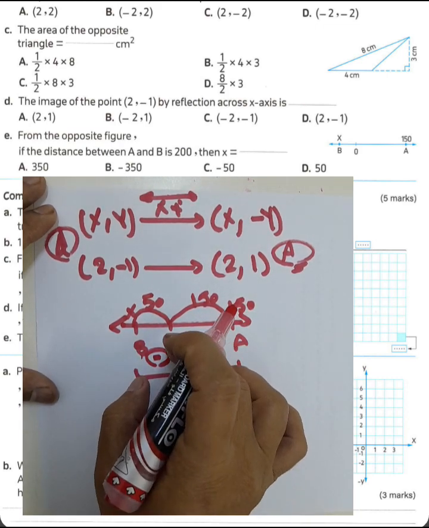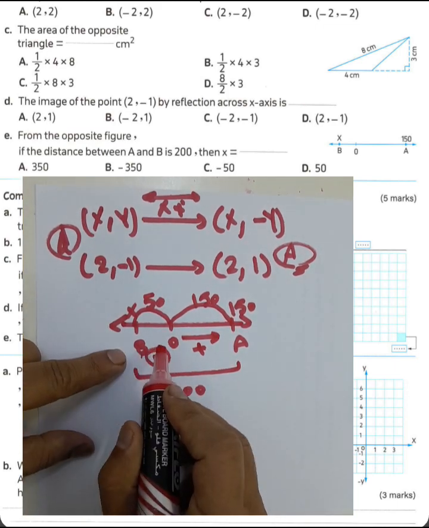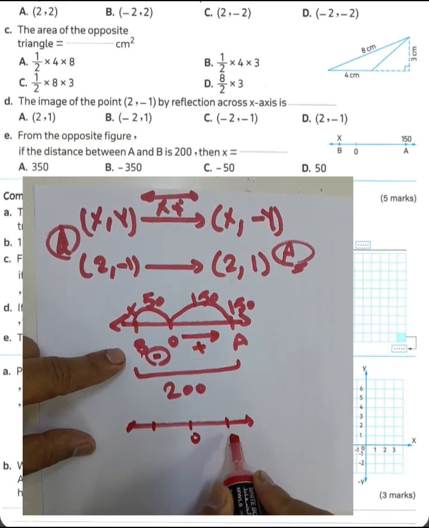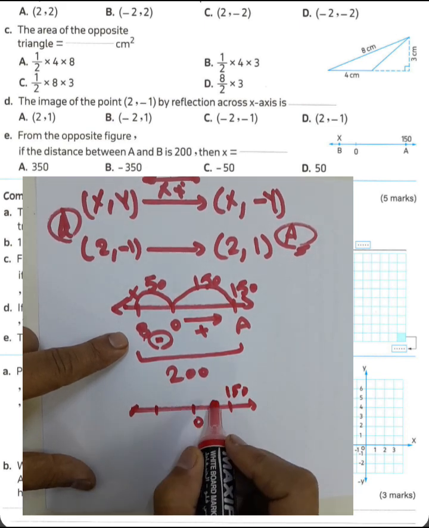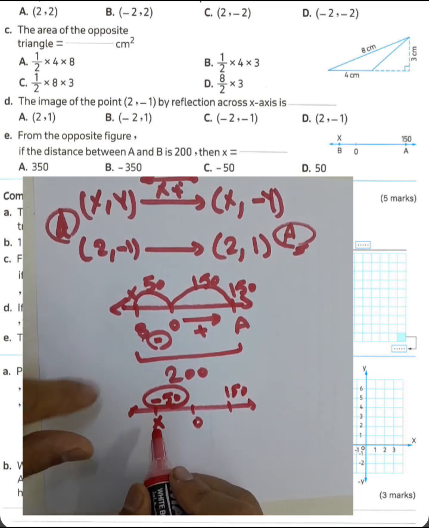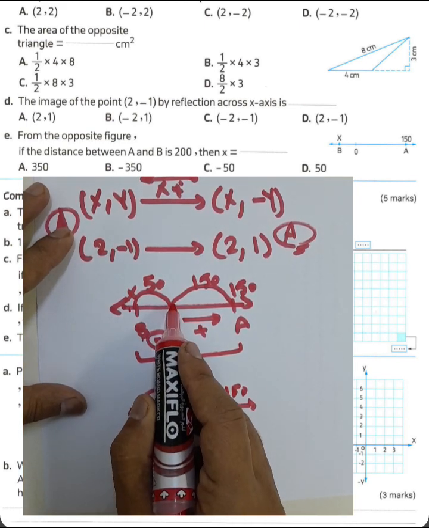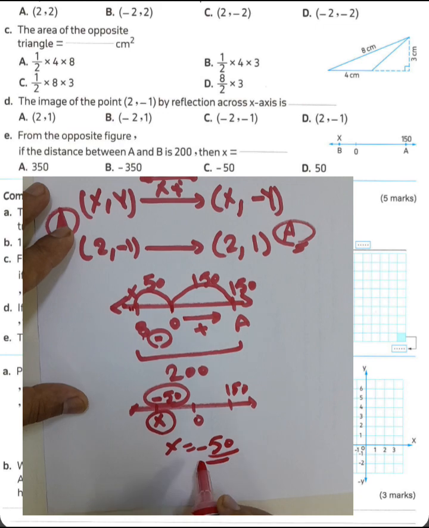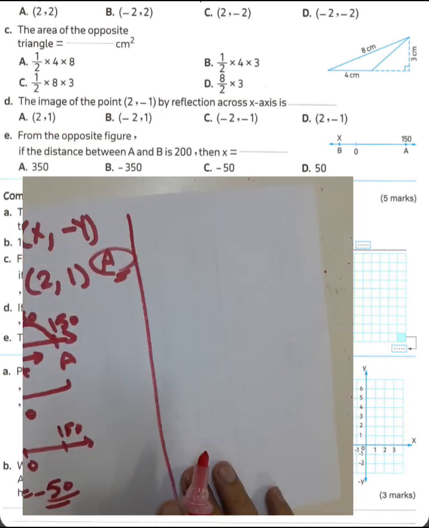The distance between 0 and B is 50, but the number 50 lies to the left of 0, so it will be negative 50. The result for x will be negative 50. If you wanted the distance between O and x, it would be 50, but in this example he wants the value of x, so it is negative 50, because this number lies to the left-hand side of 0. Okay. Next example.